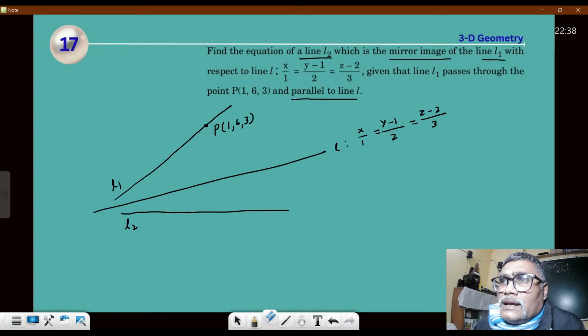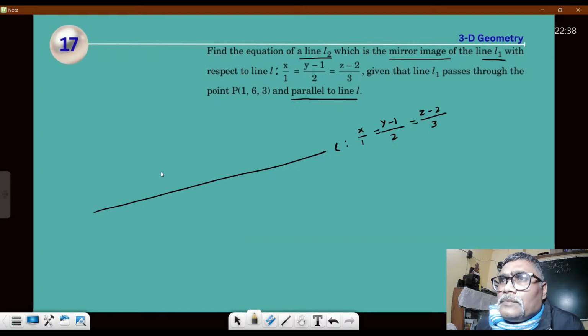Actually, it's a parallel line. They have told you to find it. Now it will be easy for you to do.